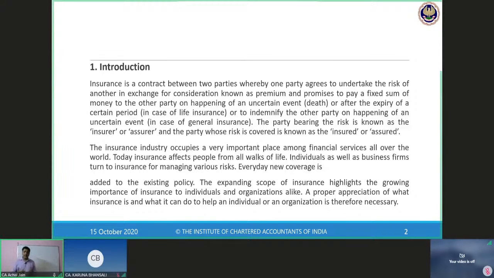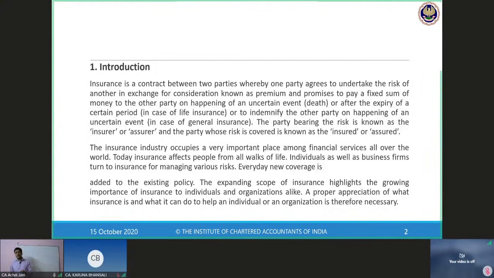Similarly, it may be in relation to some of my assets. Say for example, car. We get this car insured. And why is this car required to be insured? Not only because this is again a regulatory requirement, but also because if there is any loss to this car due to any reason, maybe there's an accident or so, then that will be compensated by the insurance company, for which the insurance company will also charge something, and that charge which the insurance company will take is called as insurance premium.